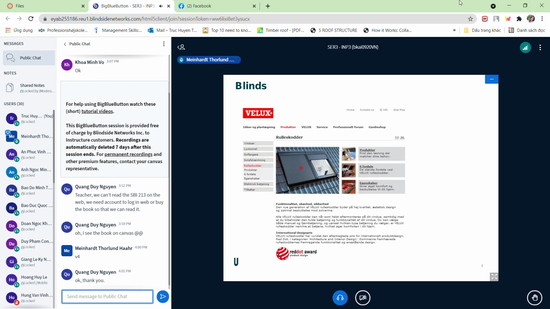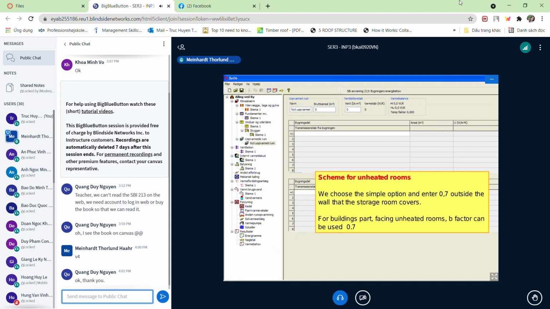You can get something like this for these windows on the roof. They're really effective at closing off sun if you have too much sun. Then, yeah, those are some examples.